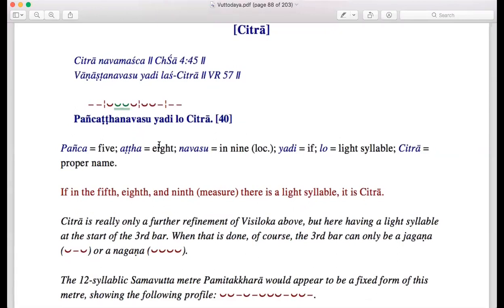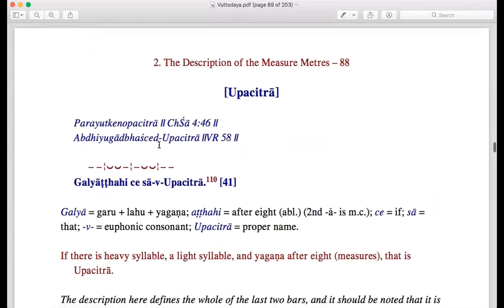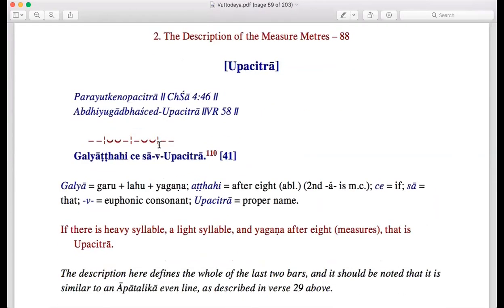Very clear, right? So that is Chitra, and then we are going to Upachitra. Galyathahi chesa Upachitra. The meaning is that if there is a heavy syllable, a light syllable, and a yagana after 8 measures, that is Upachitra.